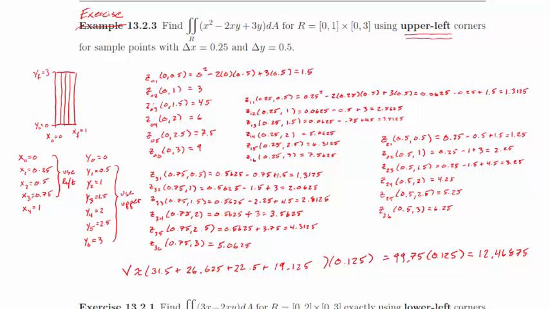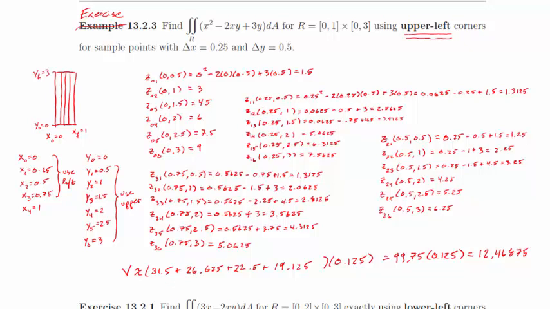We get z sub 0.2 of 0, 1 equals 3, z sub 0.3 of 0, 1.5 equals 4.5, z sub 0.4 of 0, 2 equals 6, z sub 0.5 of 0, 2.5 equals 7.5, z sub 0.6 of 0, 3 equals 9. So that's my first set, and when I add these up, we get 31.5.